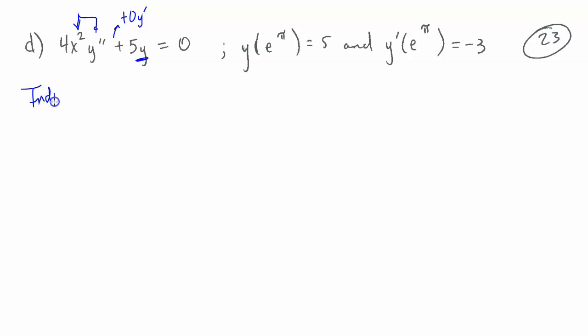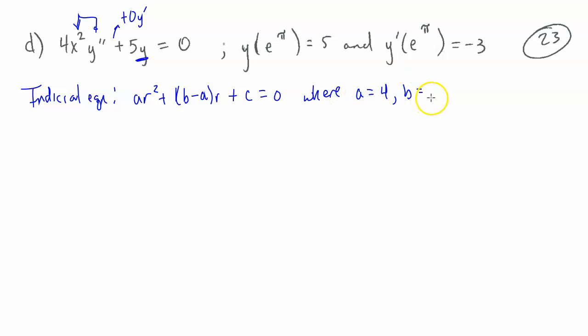So this means our integral equation will end up being a times r squared plus b minus a times r plus c equals 0, where a is equal to 4, b is equal to 0, and c is equal to 5.